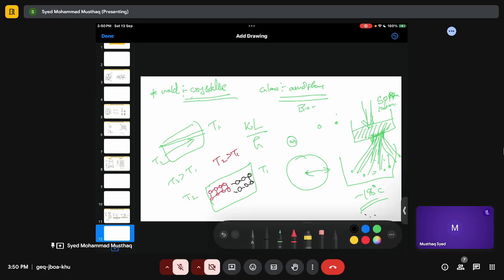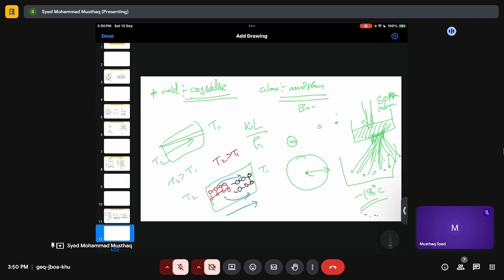This is how the energy is transferred from here to here. The higher energy oscillations carry energy away from here to here. It's not that atoms themselves are moving. In solids, atoms cannot move for longer distances because everything is so dense. So that's how heat goes via oscillations in conduction.